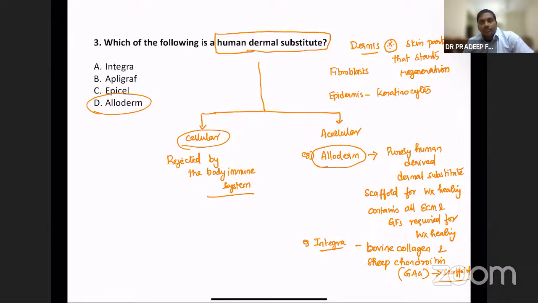With the integra application, integra is mainly used to cover large burn areas. So you place integra over the burn areas. After 2 weeks, the dermis would have formed, and after that you can place the skin graft. The most important advantage of Integra is that it is a bilayered one.